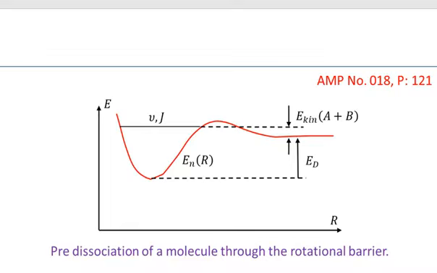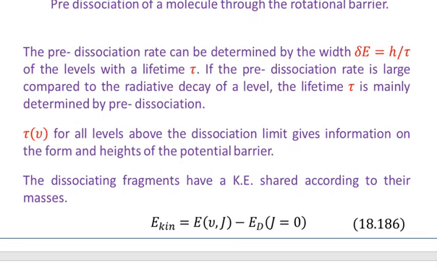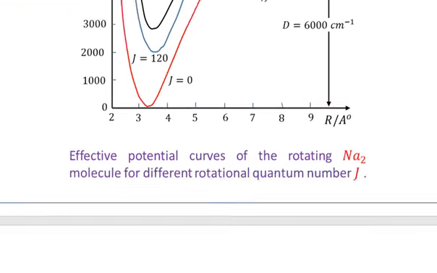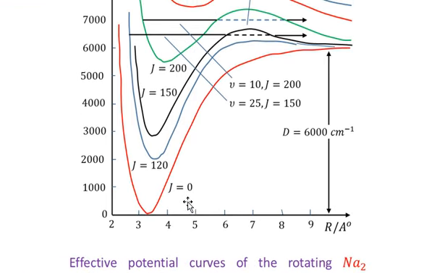It depends upon the masses of the nuclei A and B, and is given by the formula E kinetic equal to the energy of the level, which is E as a function of V and J, minus ED, which is obtained at J equal to 0. At J equal to 0 you have the value of ED. From this to the top value of the red curve, this is the value of ED.